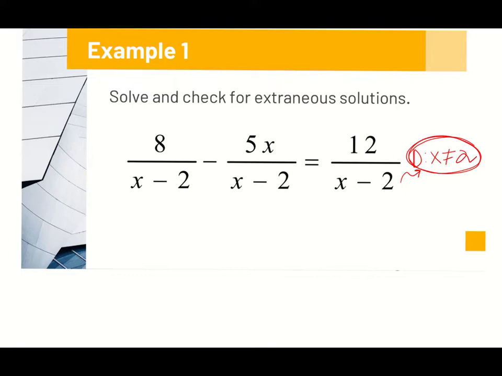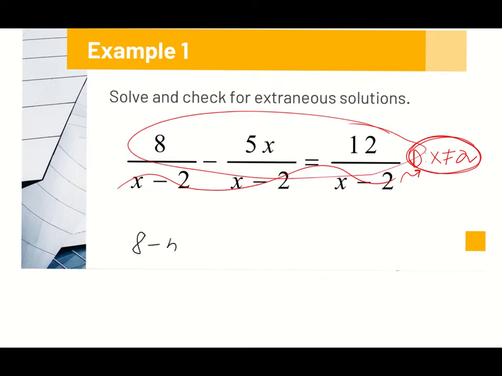Any x value is going to make them all equal because they're all the same. So we can kind of ignore the denominator and just go ahead and solve the numerator. So if I write that down, I have 8 minus 5x equals 12. So now I just have to solve this, and that is my solution, my x value.